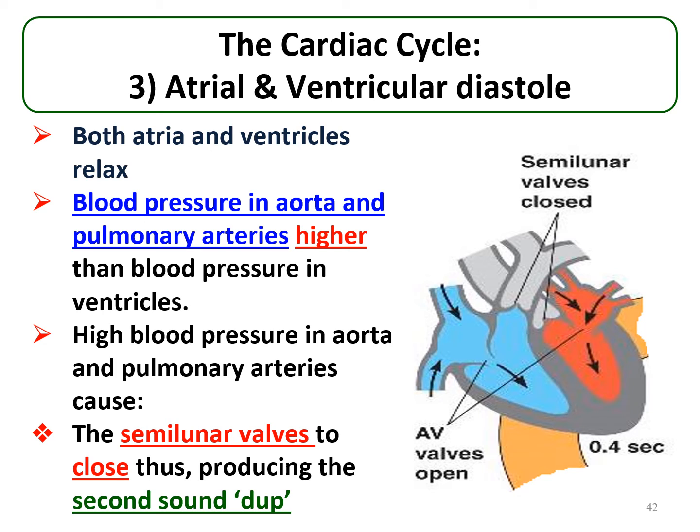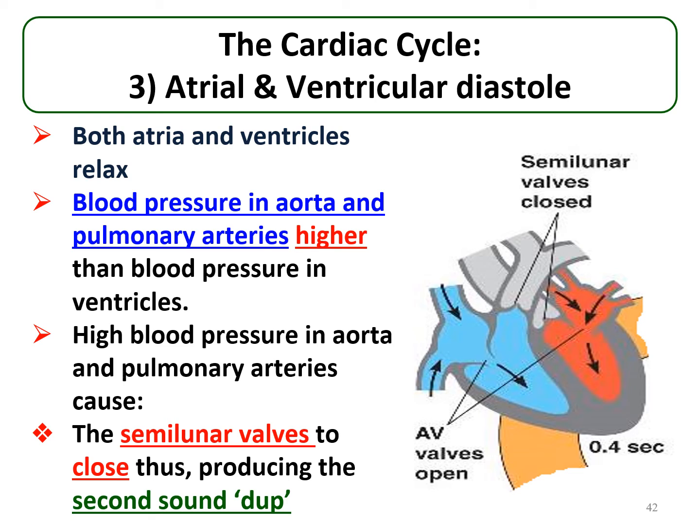So during atrial and ventricular diastole, the blood pressure in the ventricle, of course, decreases, while the aorta and pulmonary artery have higher blood pressure. Then the blood pressure in the aorta and arteries will close the semilunar valve.